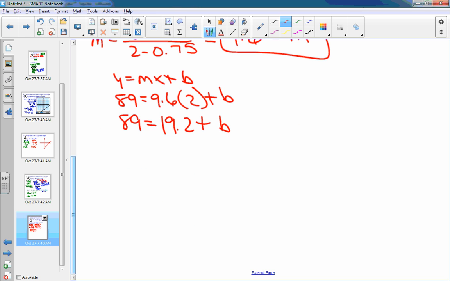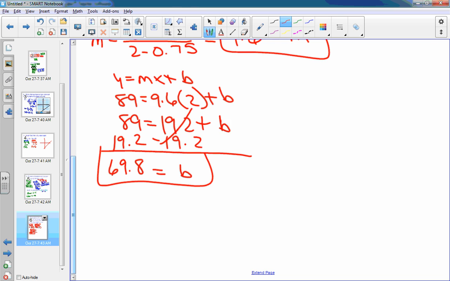Now I'm going to take 19.2 off of 89. What does that give you? This gives you B. So now what's my equation? Y is equal to?